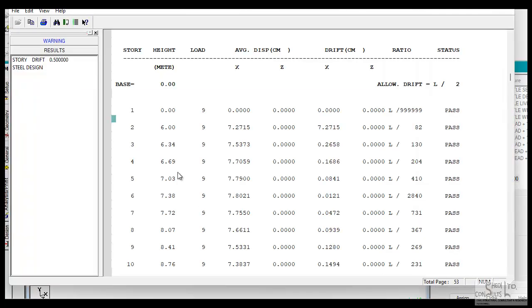Let's go back to the post processor. Now this is at elevation 6, so let's use elevation 6 to explain. At elevation 6, the horizontal displacement is shown here as 7.2715. What is this 7.2715? The drift is also shown at 7.2715. So I need to explain this.